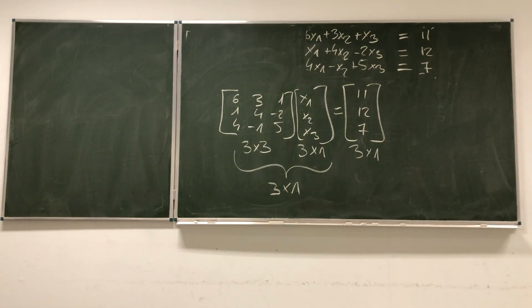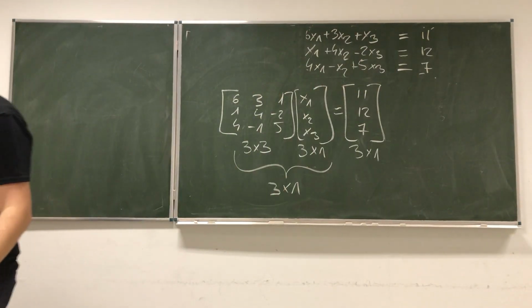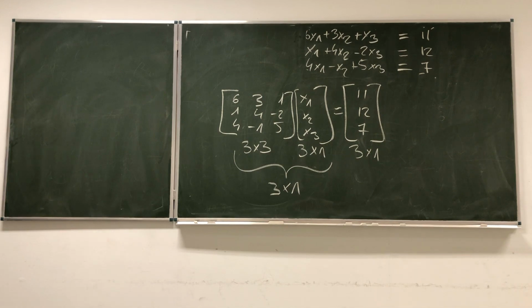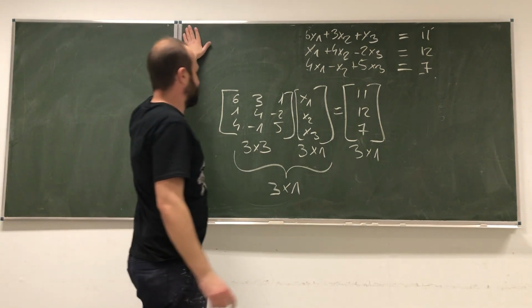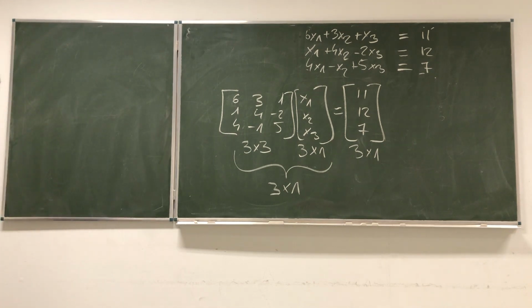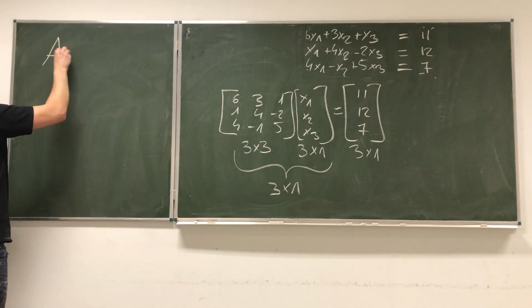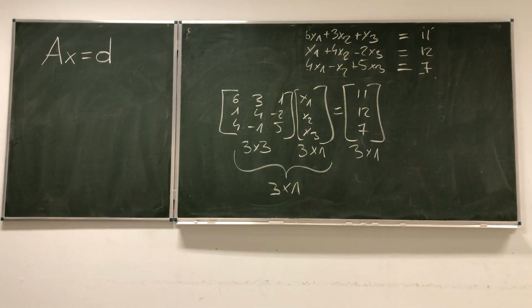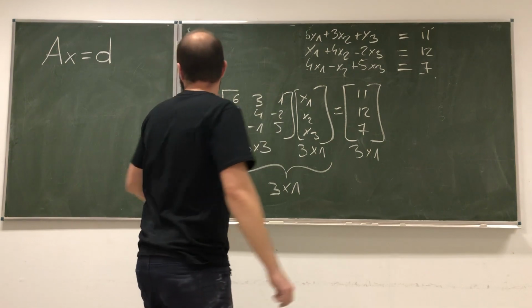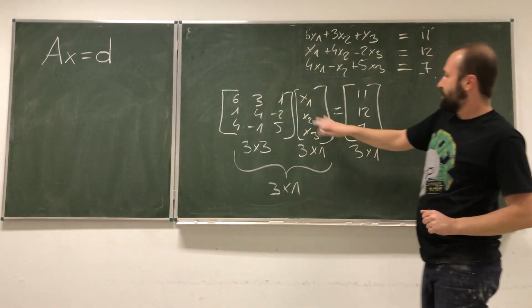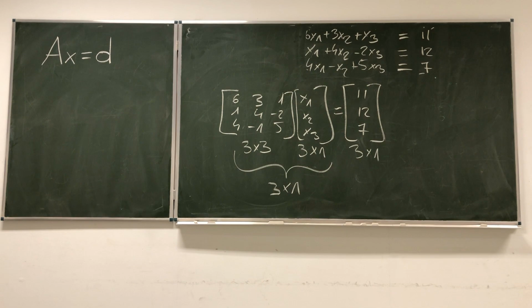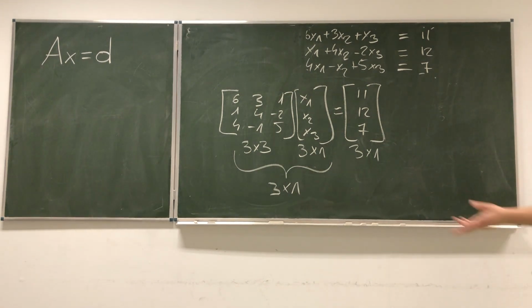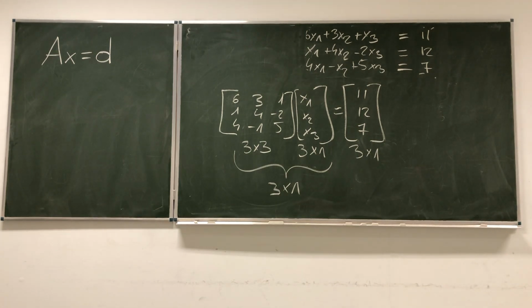It's just written differently. Okay, so actually this allows us to draw a more general conclusion. Look, every system of simultaneous equations could be written in this form, where this A is our matrix of coefficients, this X is the vector of endogenous variables, and D is a vector of constant terms.